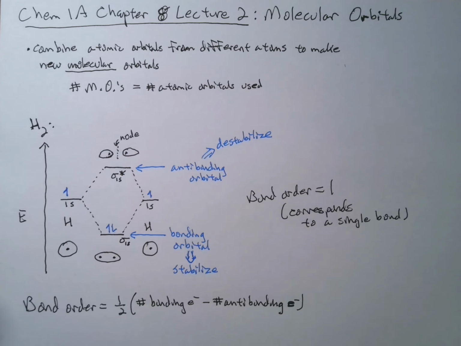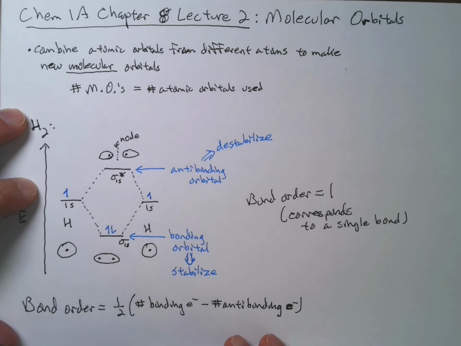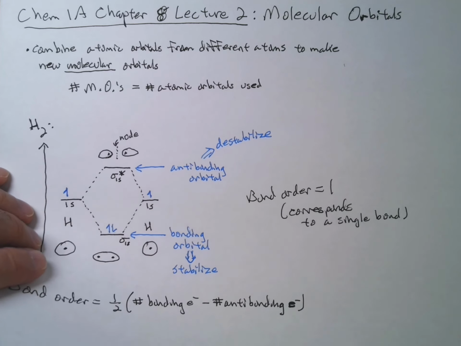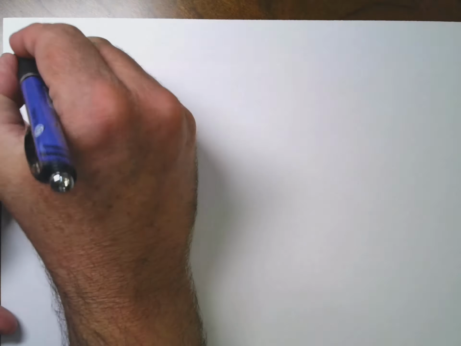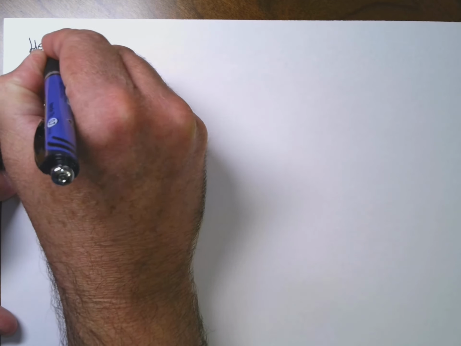All right, let's look at a few more examples here. And the text goes into some detail. I'm going to go into some detail as well, just to illustrate a few points here. I'm not going to draw every potential diatomic molecule from the first row, but we'll go ahead and get started here. So let's look at He2, question mark.